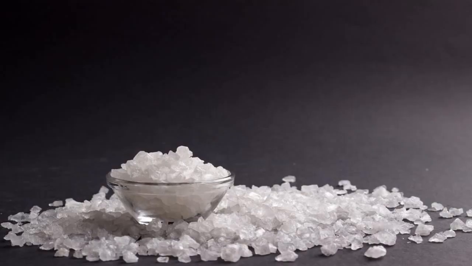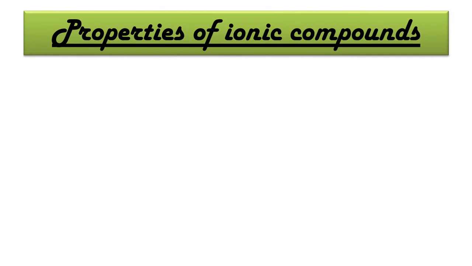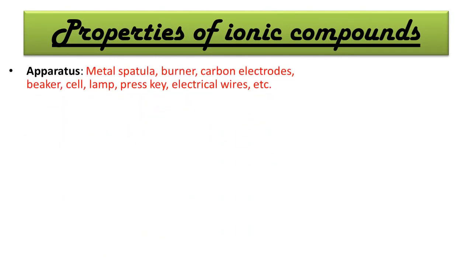Now next we have to study the properties of ionic compounds. Here we look at one experiment for the conductivity of salt solution and when we heat the salt solution.